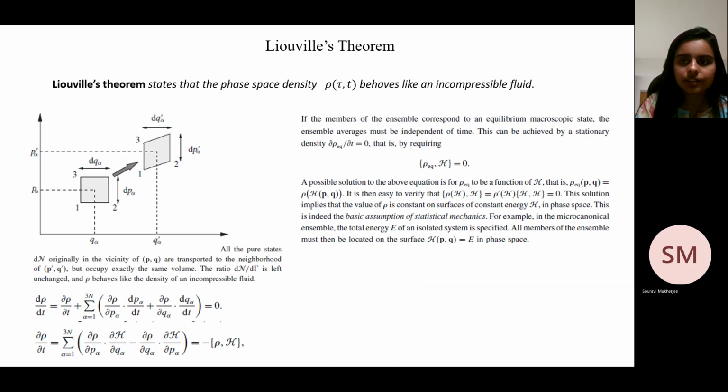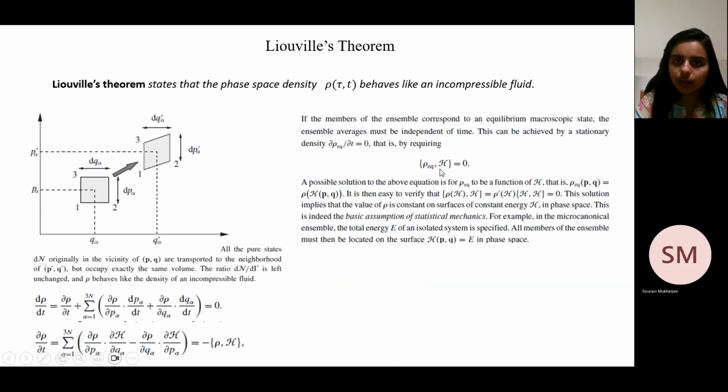That tells you the phase space density is stationary. So del rho by del t is 0, and you get this relation from Liouville's theorem. This in a way tells you that the equilibrium phase space density for any system should be a function of the Hamiltonian of the system.